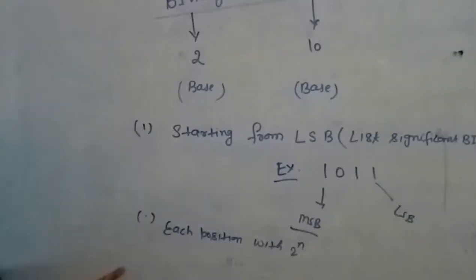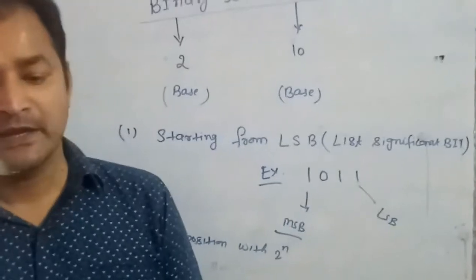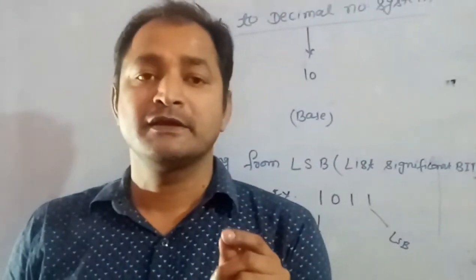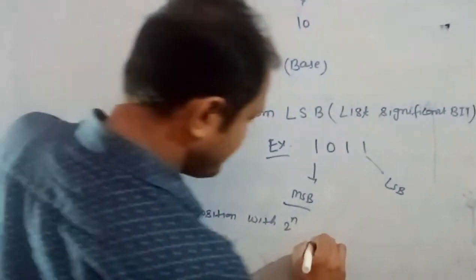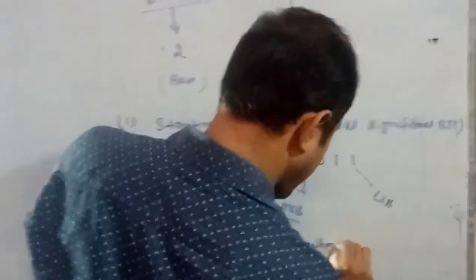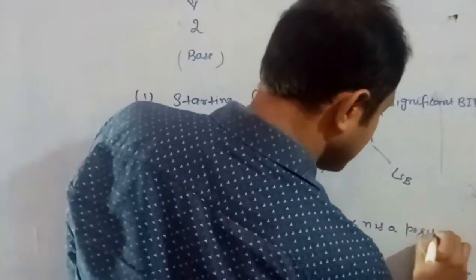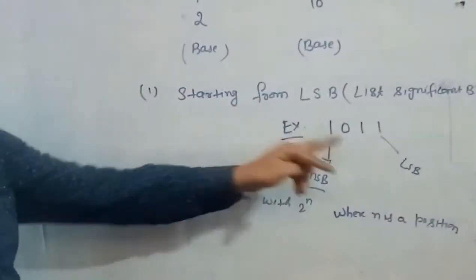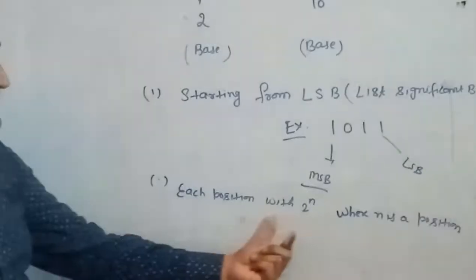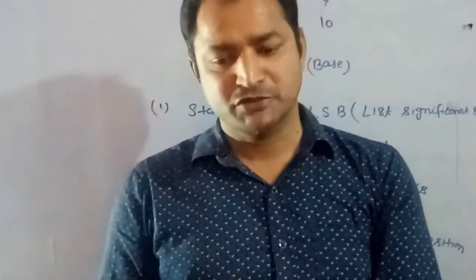What is n? n is the position. These are the two important points: starting from the LSB, and each position with 2 to the power n, where n is the position.